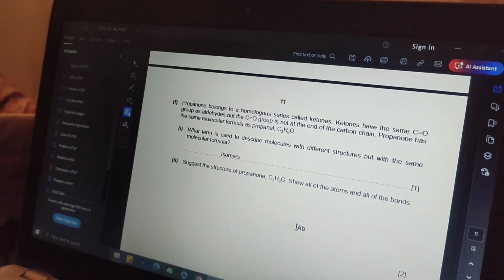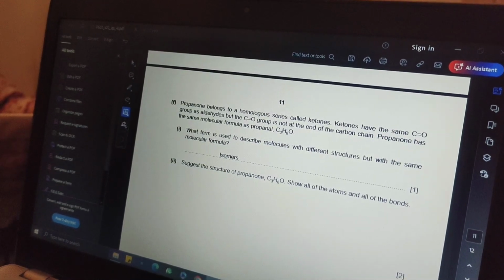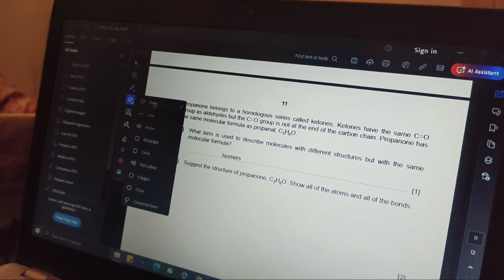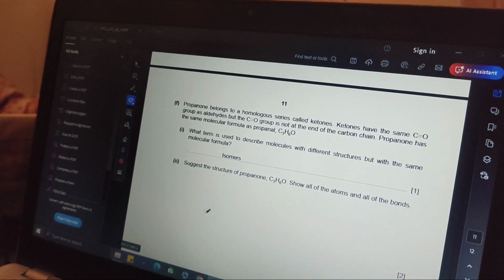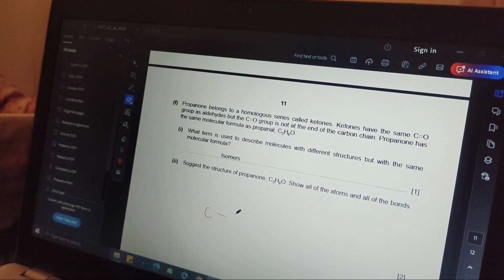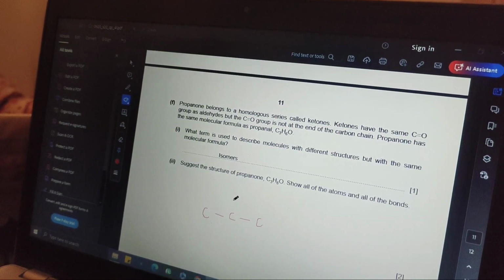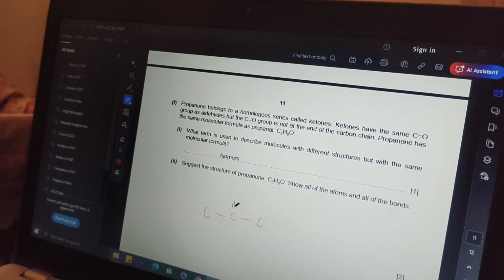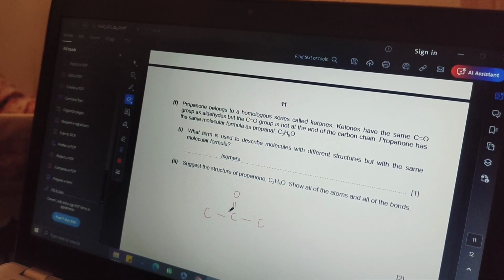The different structural formula suggests the structure of propanone. Show all the atoms and bonds. If we follow the statement, it says that the C double bond O will not be at the terminal. So what we can do is draw C, C, C. Then we'll be adding the oxygen in the middle here. We can see all the four bonds of the central carbon are occupied.